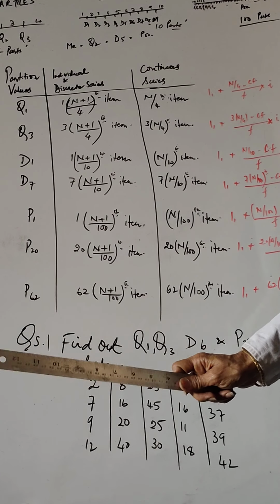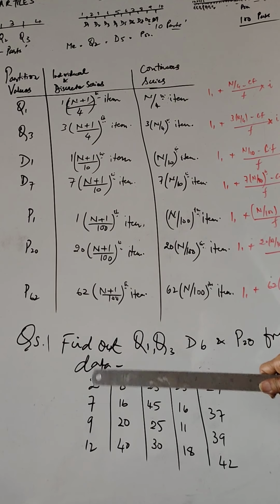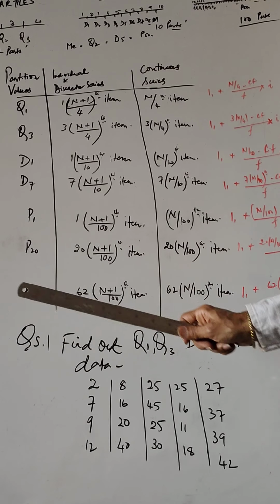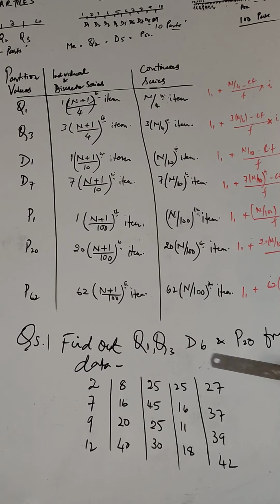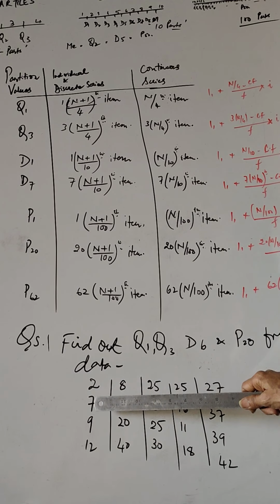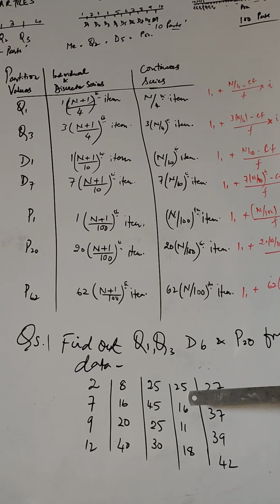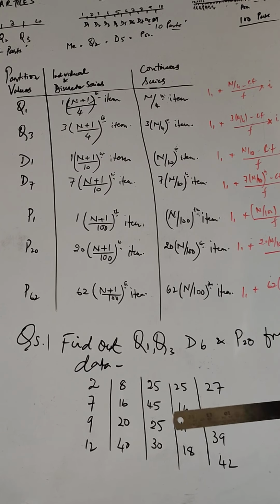Now let me ask you to do a question, which I'm going to do in the next class, otherwise this class is going to become too big. Let's do this question for homework. Find out the first quartile, third quartile, 6th decile and 20th percentile from the following data: 2, 7, 9, 12, 8, 16, 20, 40, 25, 45, 25, 30, 25, 16, 11, 18, 27, 37, 39 and 42.